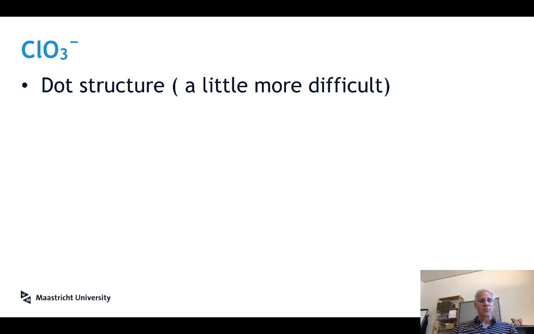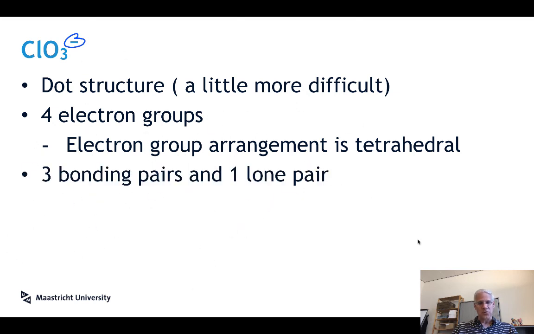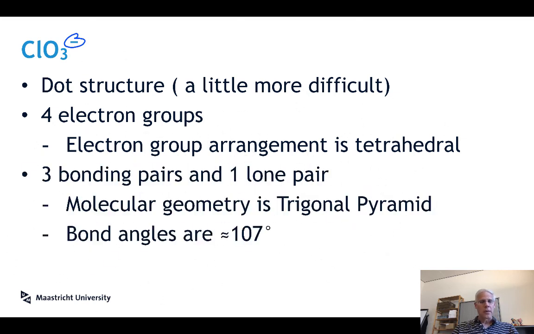If we had a molecule, ClO3-, the dot structure is a little more difficult just because we've got that minus sign in there. Our electron groups still have 4, so our electron group arrangement is still tetrahedral, same as water is. However, different from water, we have 3 bonding pairs and 1 lone pair, and so we get that molecular geometry that's trigonal pyramid.